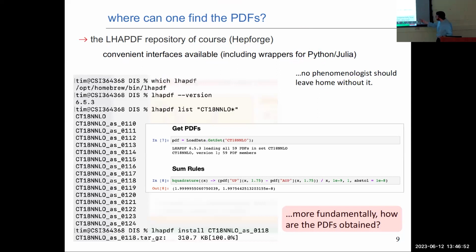And so basically, whenever people like my colleagues and I, or others who work in this field, release a global fit, then in general, we publish them to LHAPDF, and there are many hundreds of different fits that can be used for phenomenological studies. And you can essentially go on your merry way, actually computing things in this fashion. More fundamentally, however, which is probably what you all care about, how exactly do you extract the PDFs?